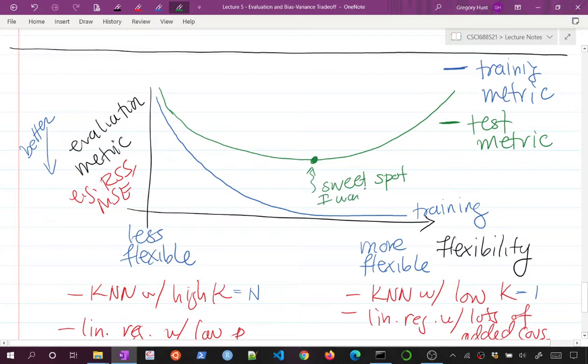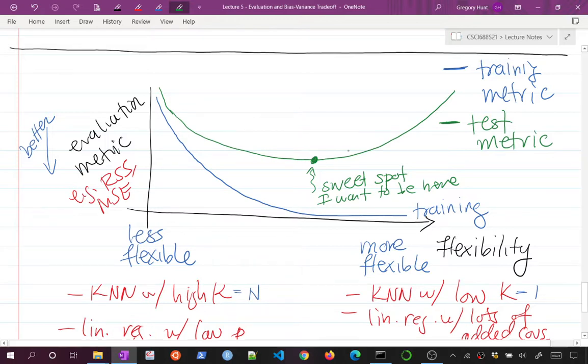I want to be here. We want f hat to be there. So for the test metric, where we evaluate on an independent test set, the error is first going to start decreasing as I have a more complex, more flexible model, which is better able to capture the true underlying data generating process, the true f.